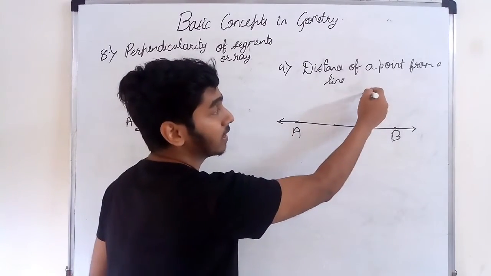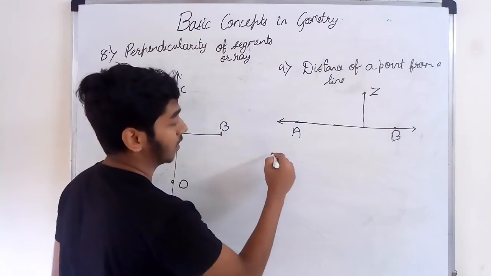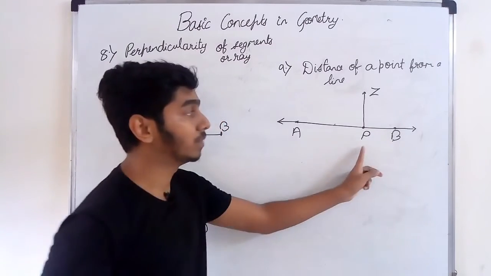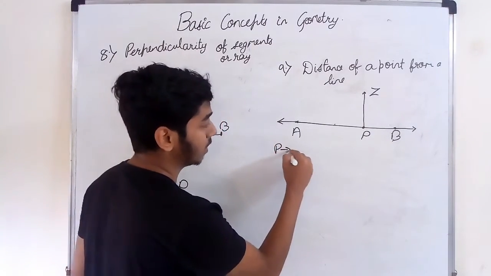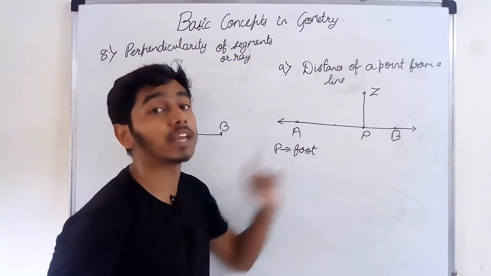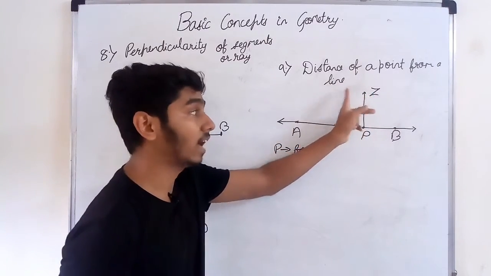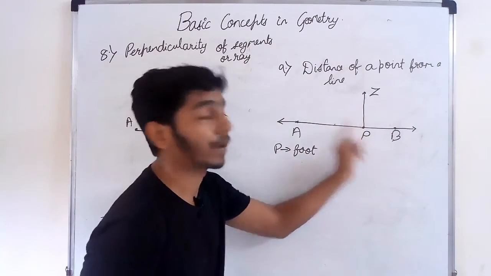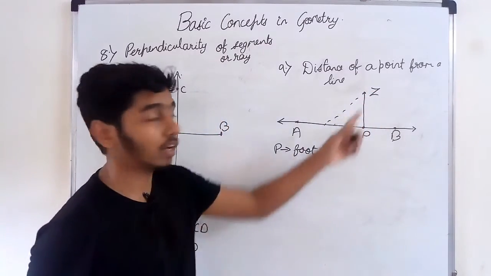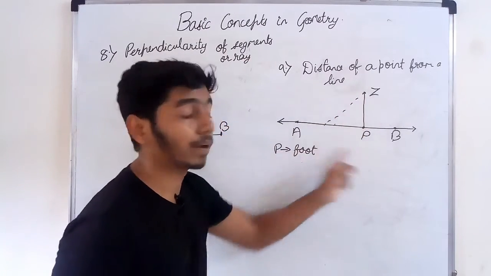To find distance between this point and the line, let's name this as P. Now this P is called the foot of the perpendicular, because whenever you want to find the distance between a point and a line, you always draw perpendicular to that line. You cannot take any line like this. You cannot take any other line.